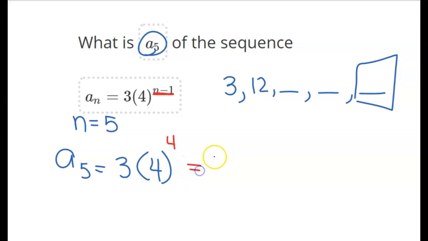The 5th number in this sequence down here would be 768. This is a geometric sequence because you multiply to get to the next number in the pattern. And you would keep multiplying by 4 over and over again.